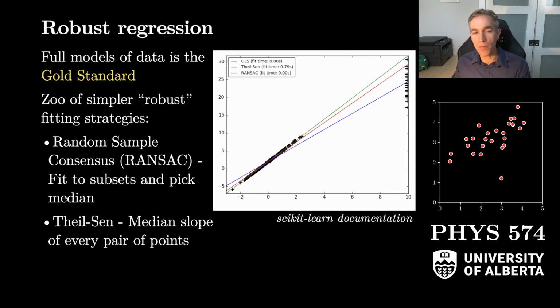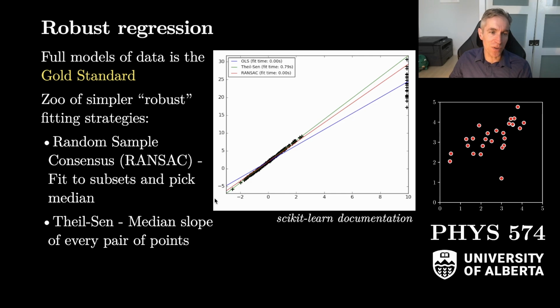A couple that show up here that are fairly popular is called random sample consensus, or RANSAC. The way that works, this is taken straight from the sklearn documentation. Thanks, sklearn. It shows a regression between these two data sets where you have a nice, perfectly well-behaved line of data and then some bad points out here.